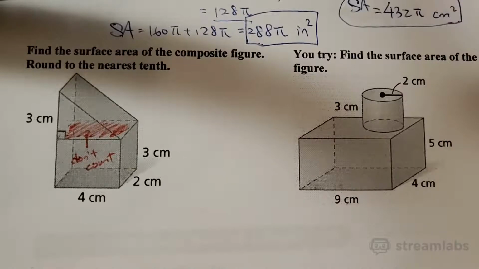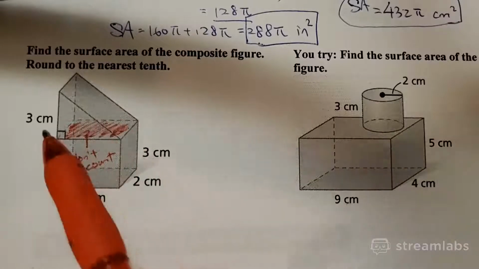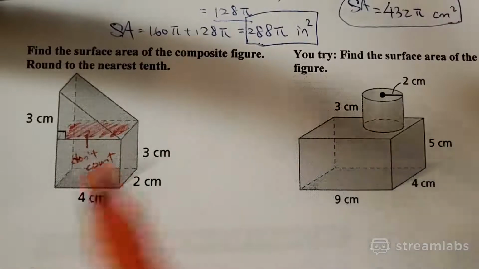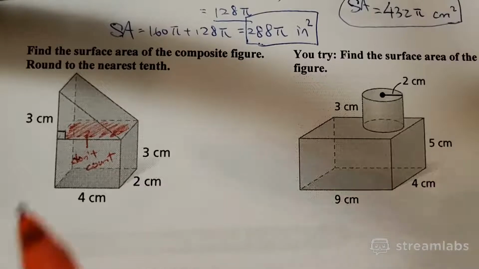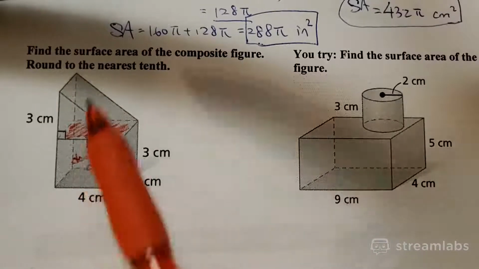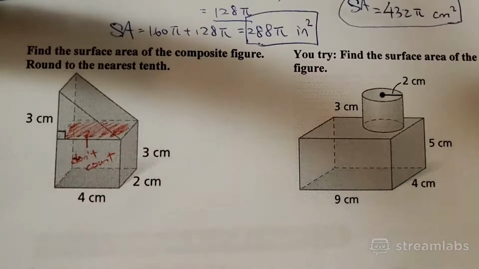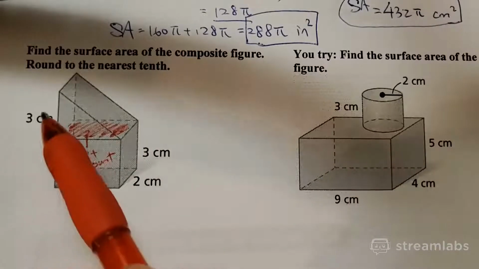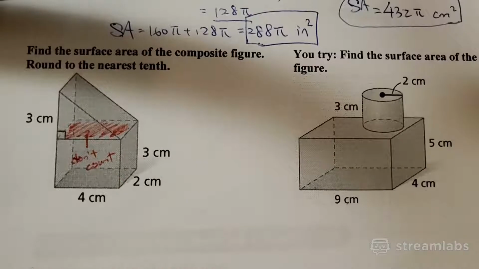To do this problem, I would literally add every part instead of using the formula. If you use the formula, you have to use 2 bases plus the lateral area, so you have to take out that base, and take it out again when you're doing the top. You can use the formula separately and then take out this part twice, or you can just add all the surfaces together. Either way, let's try this.